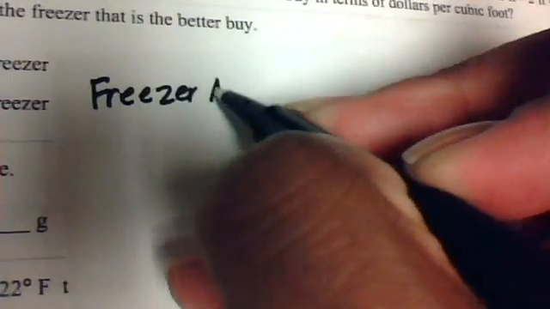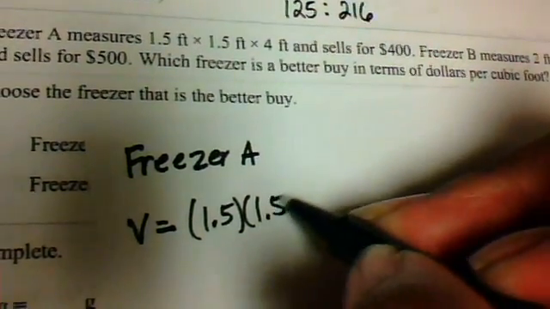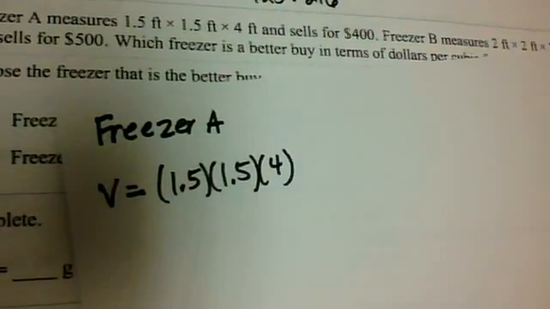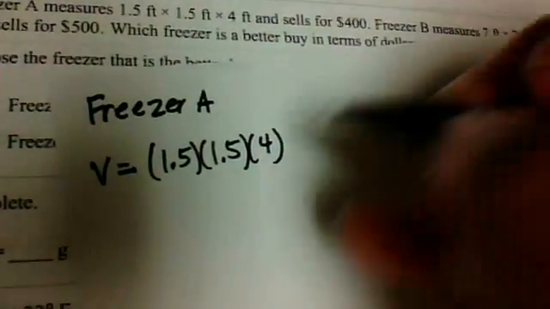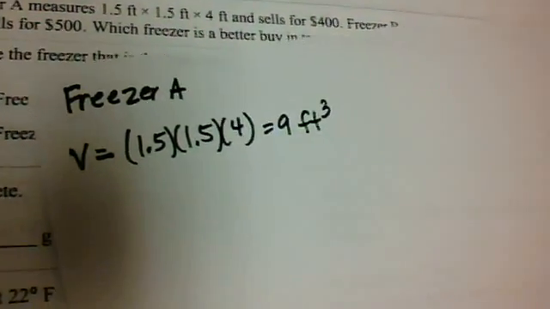In this problem here, let's look at the situation. Freezer A, and its volume, we're told 1.5 by 1.5 by 4. So if you do 1.5 times 1.5 times 4, it'll be 9. So the volume of that freezer is 9 cubic feet for freezer A.